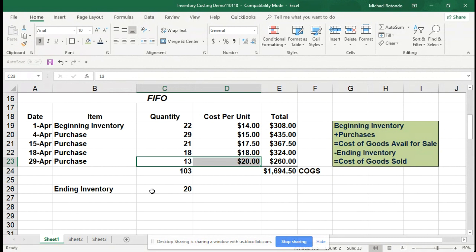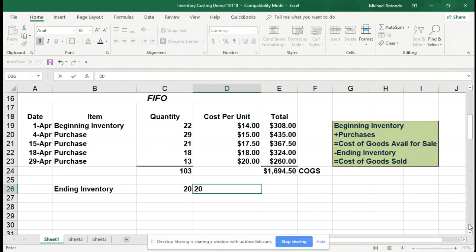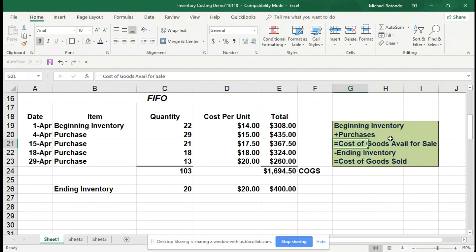Now, getting back to the ending inventory, we know that they come from this purchase. So we know that our ending inventory has to consist of 20 items at $20 each, right? So that's going to be $400 in ending inventory. Now, when we look back at this formula, we can see that beginning inventory plus purchases equals cost of goods available for sale, as we said, minus ending inventory gives us cost of goods sold.